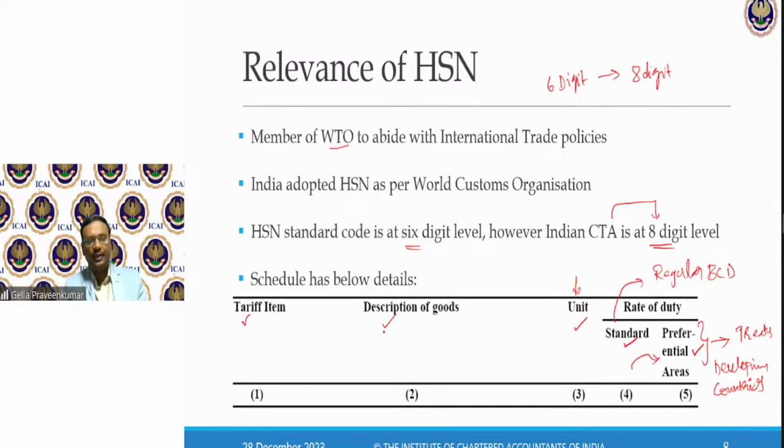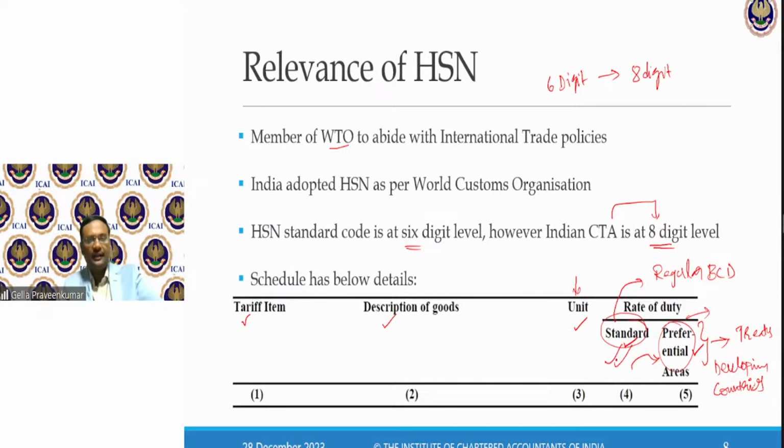So this schedule has, for each item, a standard rate and a preferential rate. 99% generally this is preferred for filing a bill of entry or shipping bill, and this applies only when there is a reference to a particular treaty between two nations.